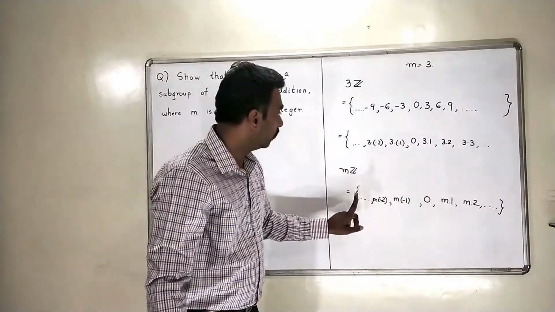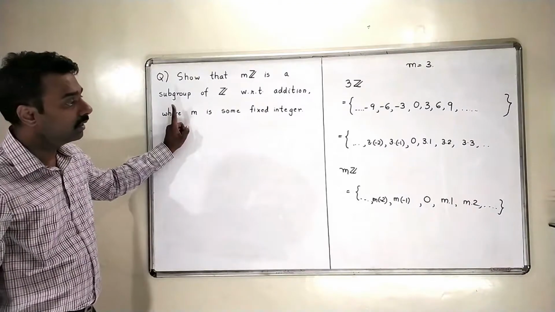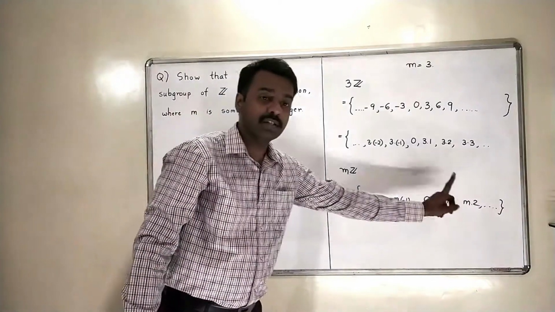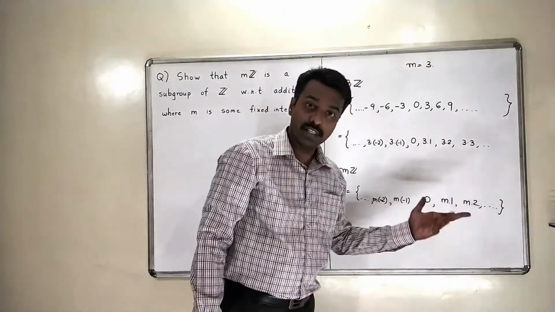For the closure, if I want to check this as a subgroup, the first thing is closure. I will take any two elements from this set. Now how do any two elements of this set look?